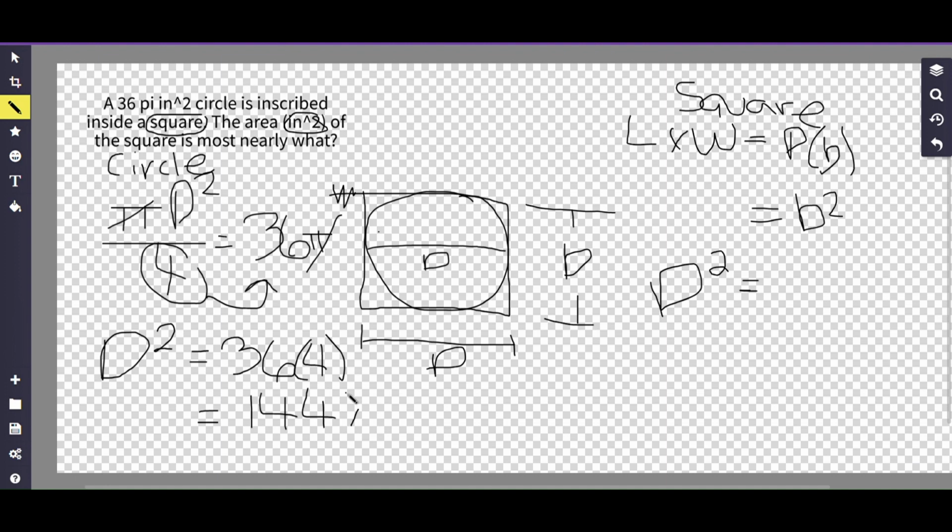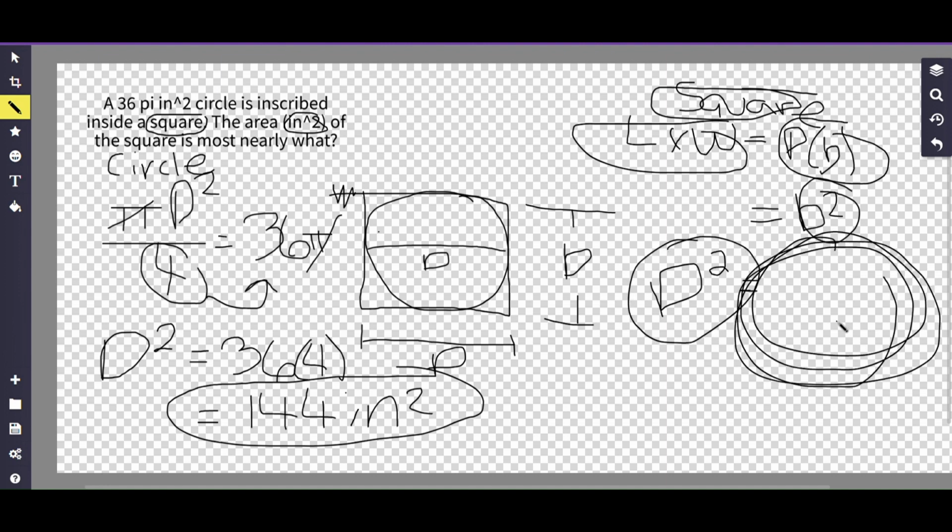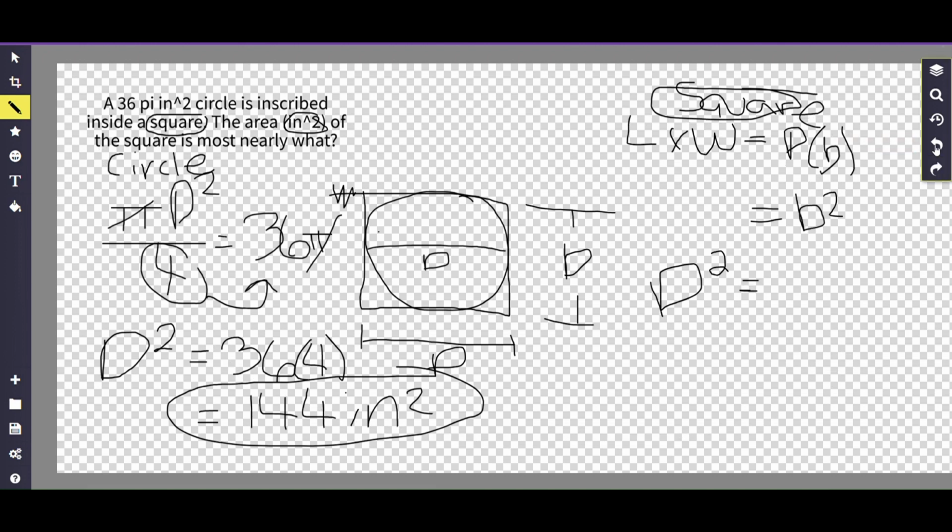So, what do we know? It's inches squared. So, your answer, based off deduction, we realized that there was a square. We found out the length times width. It was d times d. It gives you d squared. What is it trying to do in relation to the circle? With that in mind, we can start to work the problem on the other side, which is the circle.